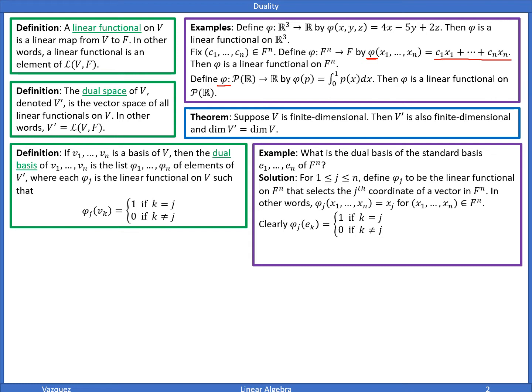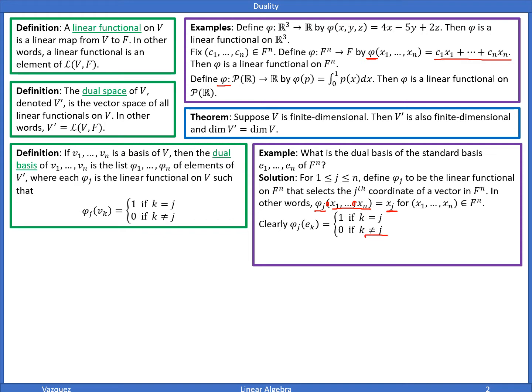So in other words, for phi_j, we take this vector of F^n, which is just equal to x_j, right? Because for all the other components in the vector, we have a 0 coefficient, because k and j don't match up.